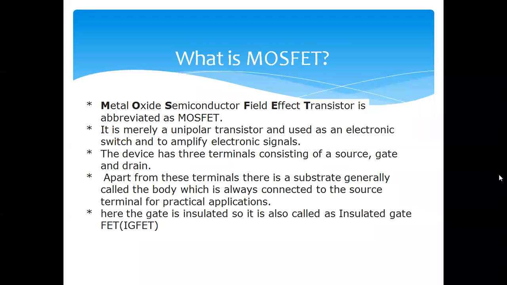Okay, so if you quickly compare the MOSFET with your BJT, that is your normal bipolar junction transistor, what is the difference between BJT and MOSFET? Can anyone highlight a difference between BJT and MOSFET?